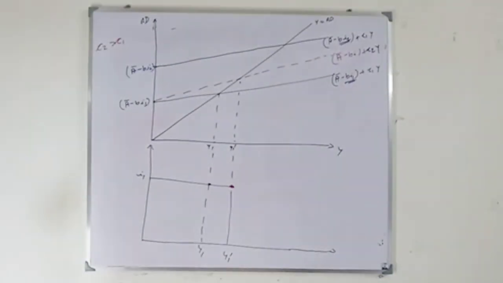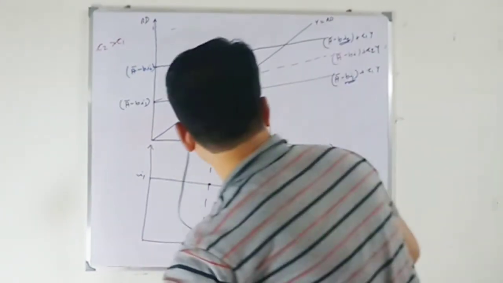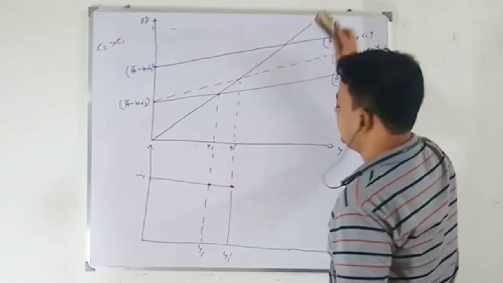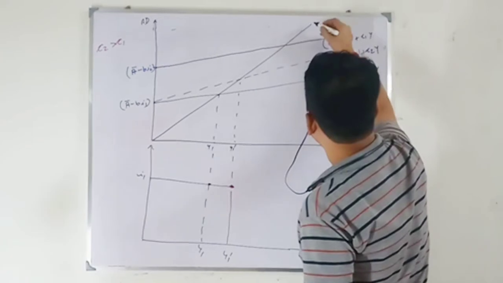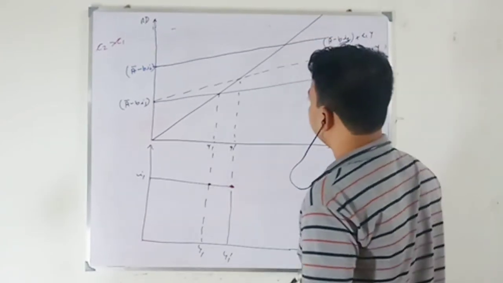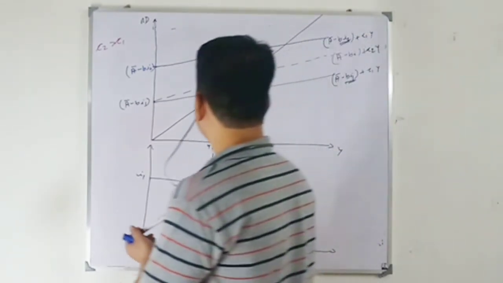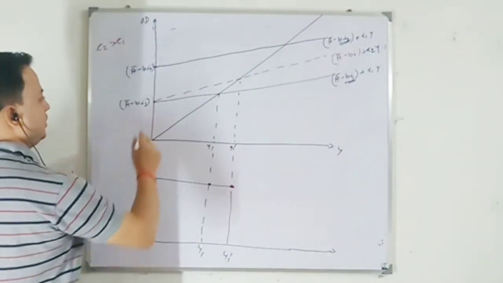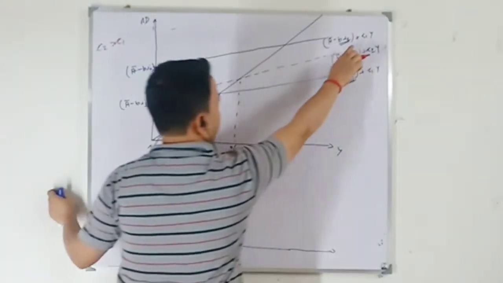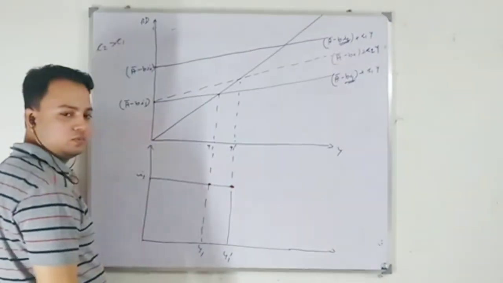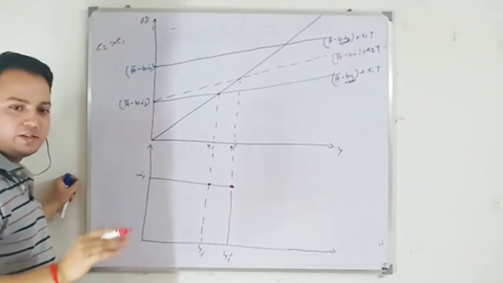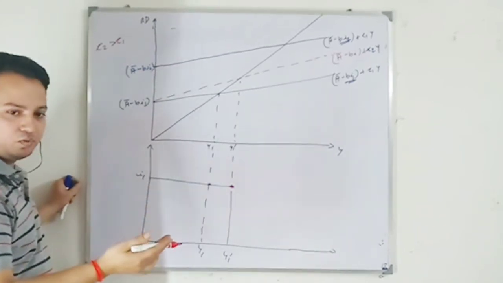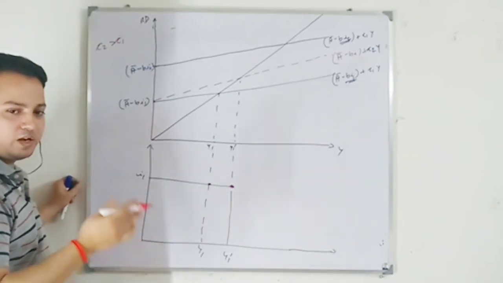Next. Let me extend this graph a little bit more. This is the 45 degree line, remember. Now, this is with respect to MPC c1. For the same interest rate, if MPC is high, leakage is less, so my aggregate demand will be more. When the aggregate demand is more, then output will be more.